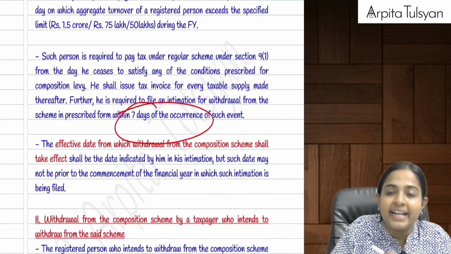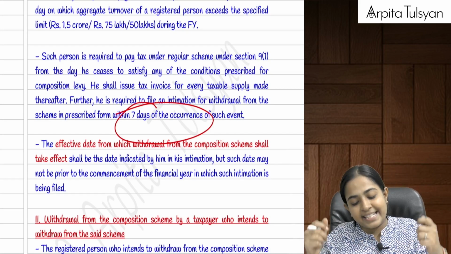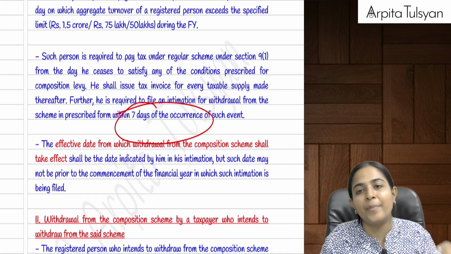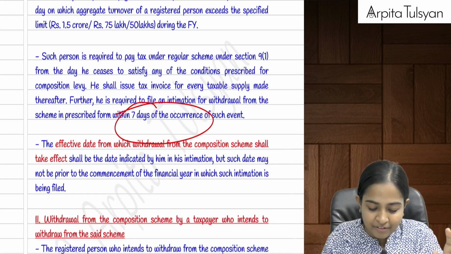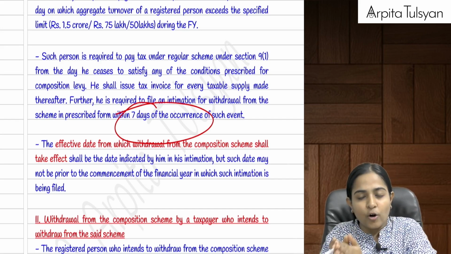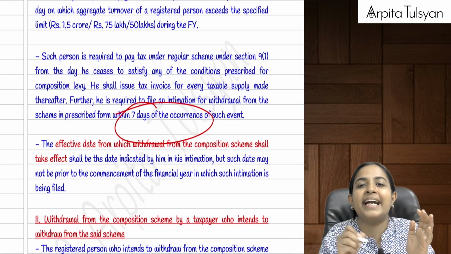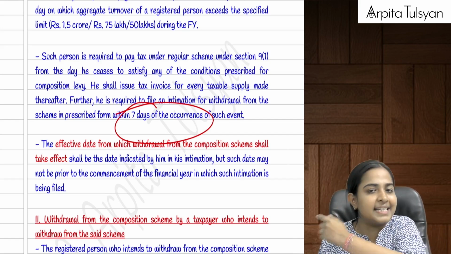And within 7 days of this limit getting exceeded, I will have to file an intimation to the government that I have withdrawn from this composition scheme. Are you clear with this? What will be the effective date of withdrawal? The date which I mention in that intimation. Let's say on 1st August my turnover gets exceeded.